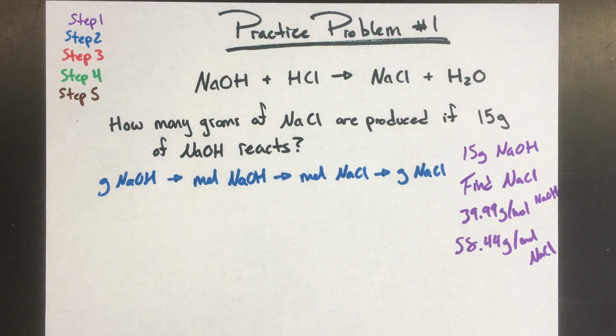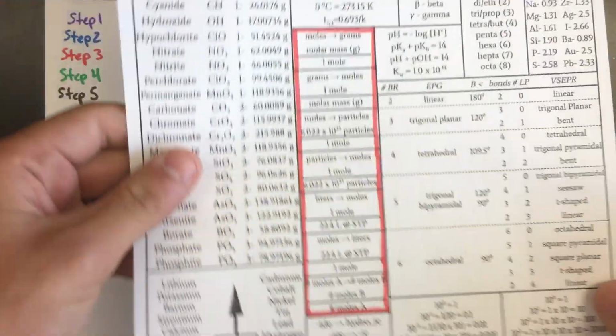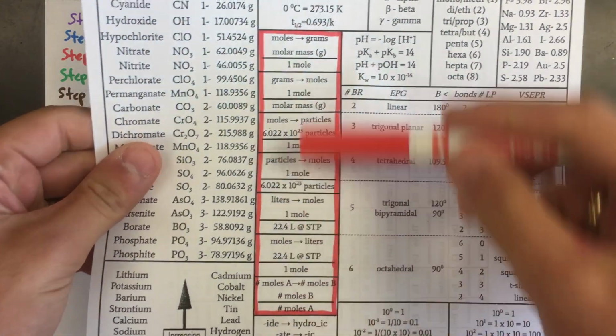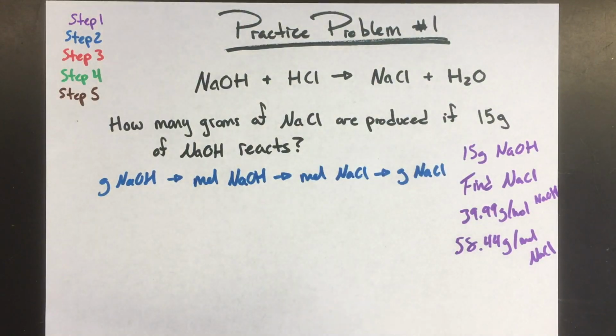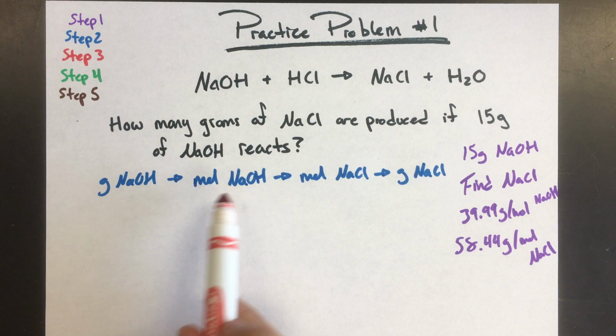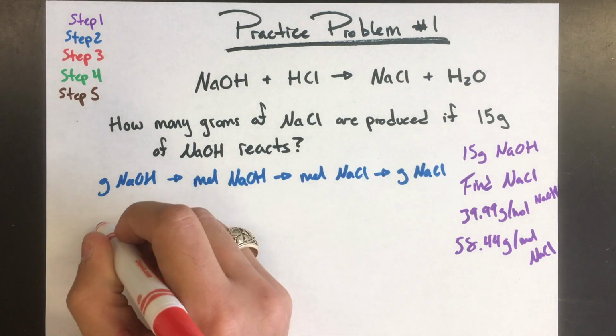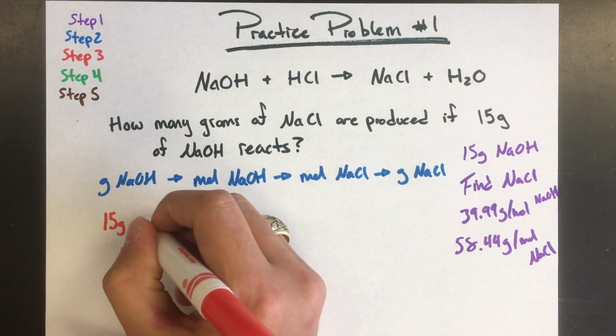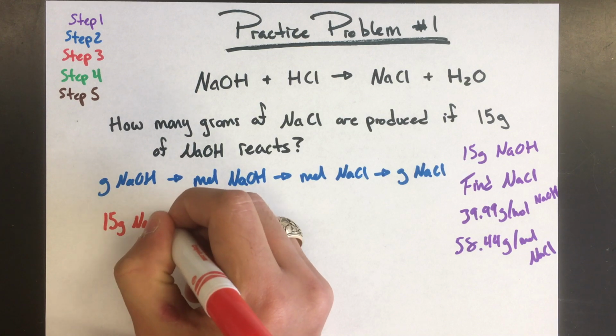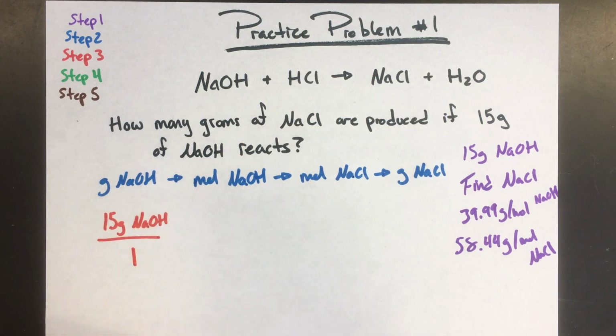Now we need to write the correct conversion factors with the right units. So, like I said before, this is where your news you can use comes in. This is where this whole column here comes into play. So we start from grams to moles. So we need to start with 15 grams of sodium hydroxide, and we need to do that over 1, just to make it a fraction.